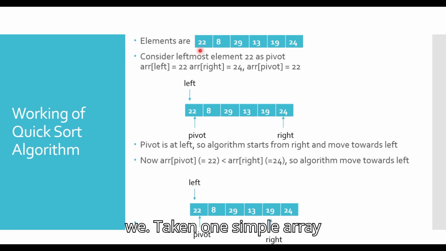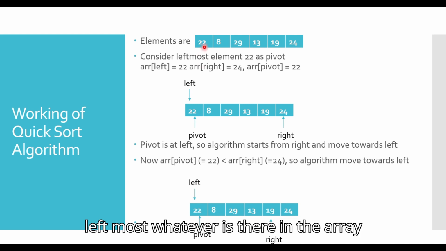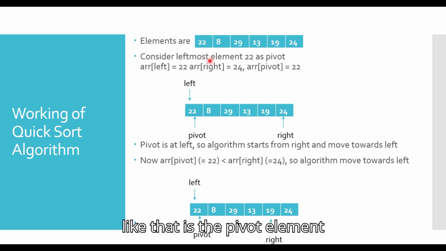Here we have taken one simple array of size 6 with the elements 22, 8, 29, 13, 19 and 24. We consider the leftmost element of the array as the pivot element.